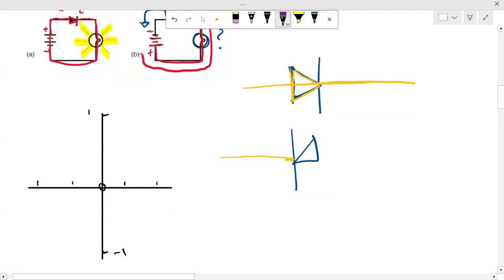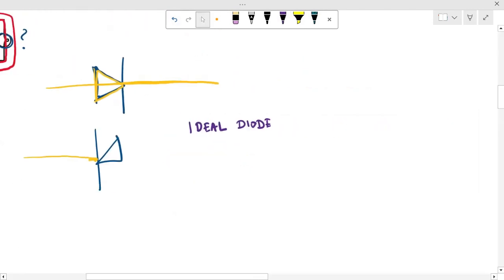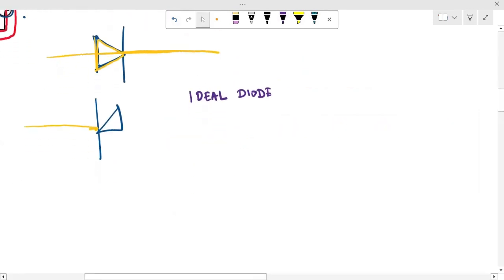So, in an ideal diode, and by ideal, we mean the most perfect diode that can possibly be created, which is unrealistic. It does not exist, but theoretically, it's what we would like to have.